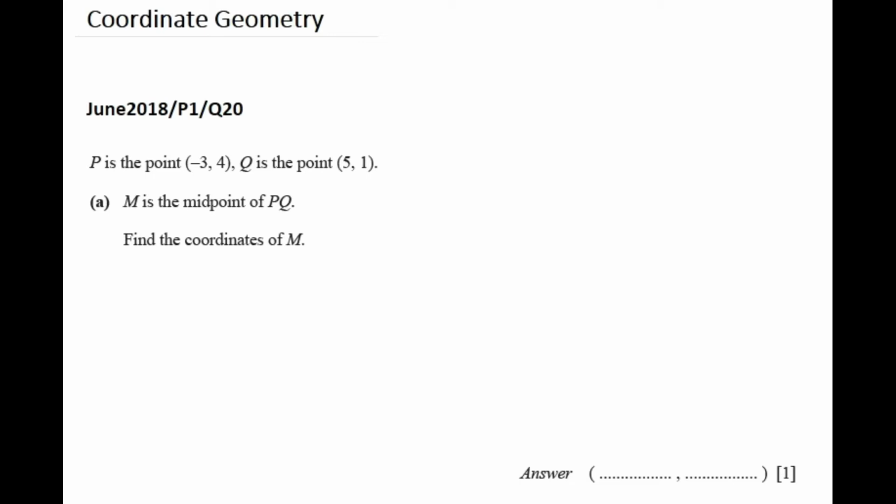So here we will use the midpoint formula to find the midpoint of P and Q. The midpoint formula is x is equal to x1 plus x2 upon 2, and similarly y is equal to y1 plus y2 upon 2.